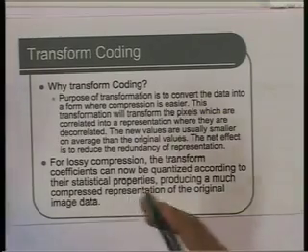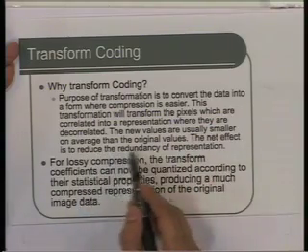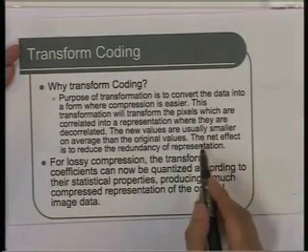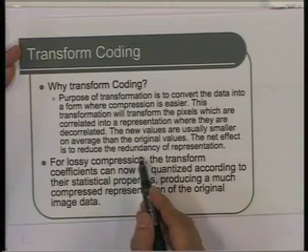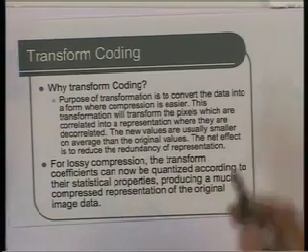The correlation existing among the samples in the source output vector, on transformation, they get decorrelated, and because they get decorrelated, we can independently quantize these coefficients. So, the new values are usually smaller on average than the original values, and the net effect is to reduce the redundancy of representation, because now we have a minimal amount of common information between the transformed coefficients.